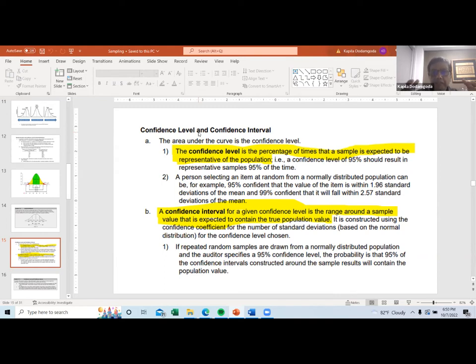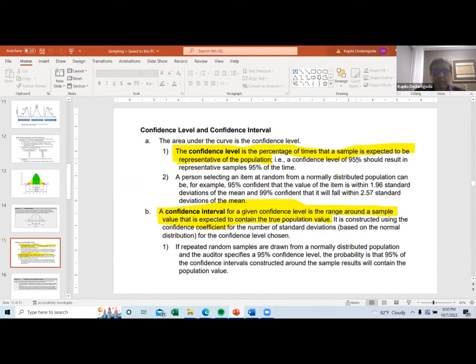Sometimes when we take a sample and calculate the mean and the standard deviation, we will express a confidence level. When you say a confidence level of 95%, it means there is a 95% chance that the sample is representative of the population.